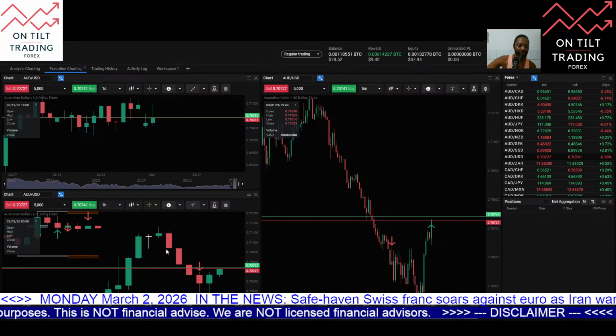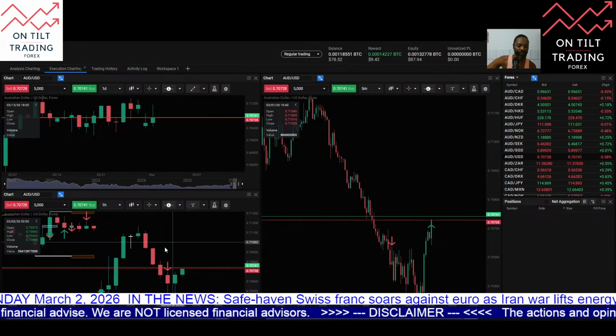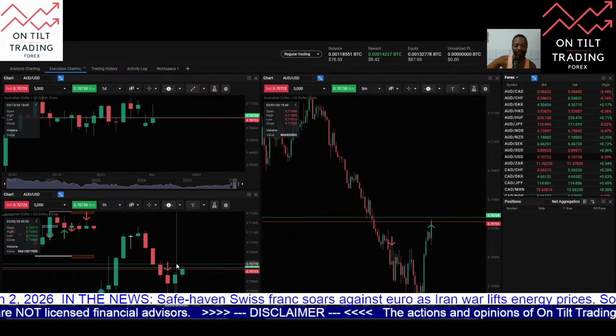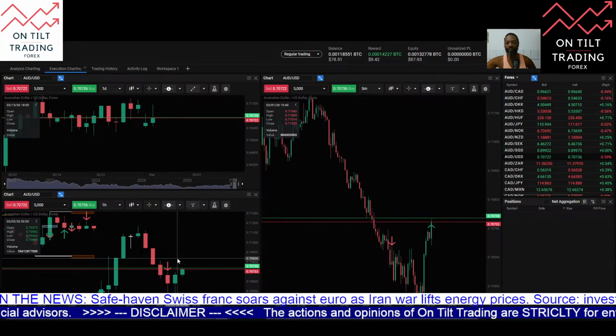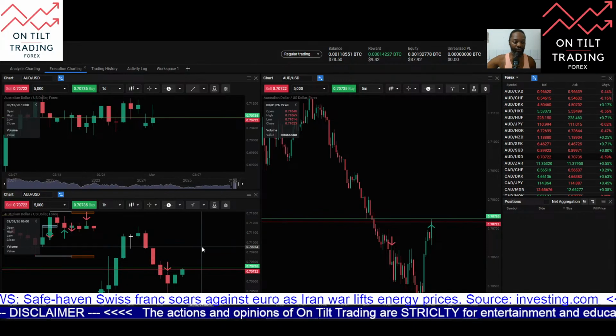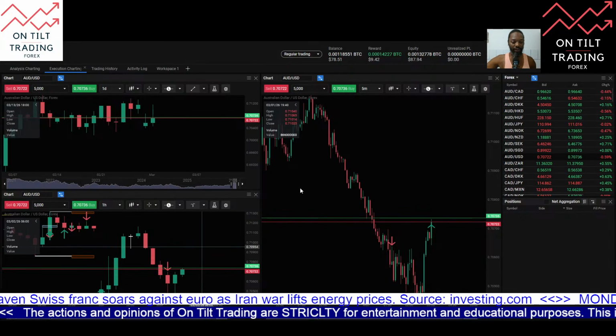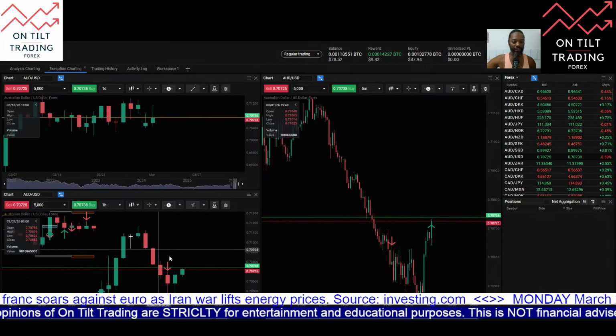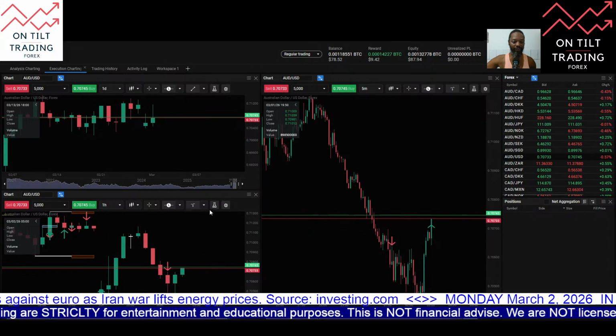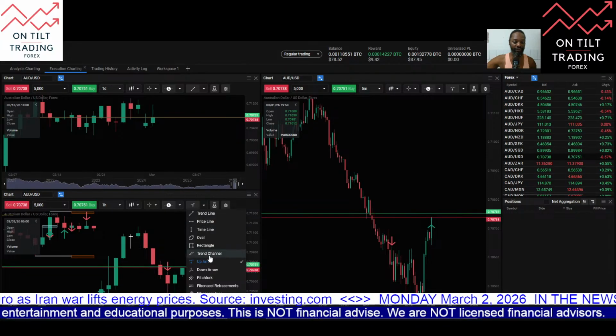Have these series of fair value gaps but have no structural level to base market conditions off of, like whether or not we're trending or needing a shift level. So that was the issue with this particular trade.